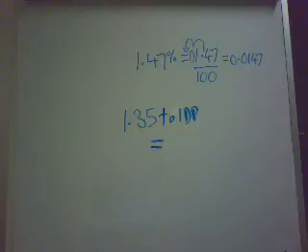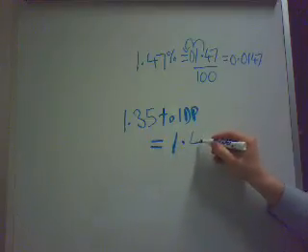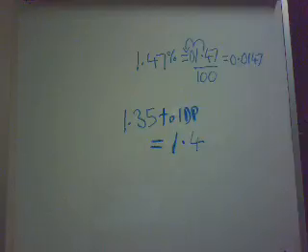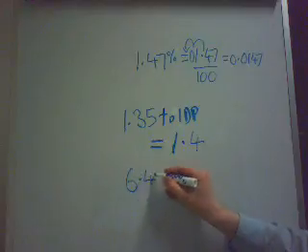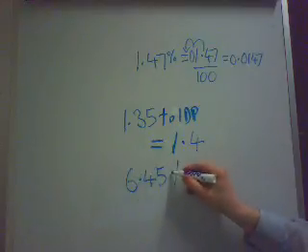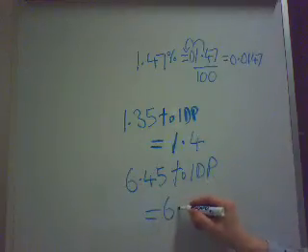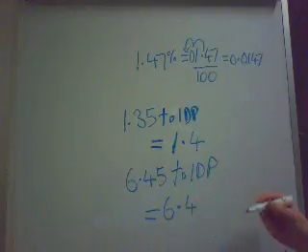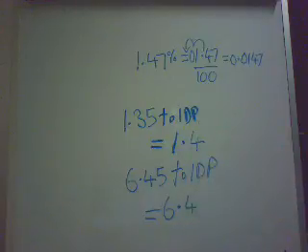Well, in rounding to even, this is going to become 1.4. 6.45 to 1 decimal place, again using rounding to even, is going to become 6.4, because in the case of rounding to even, we're always looking to make the decimal place of interest an even valued digit.